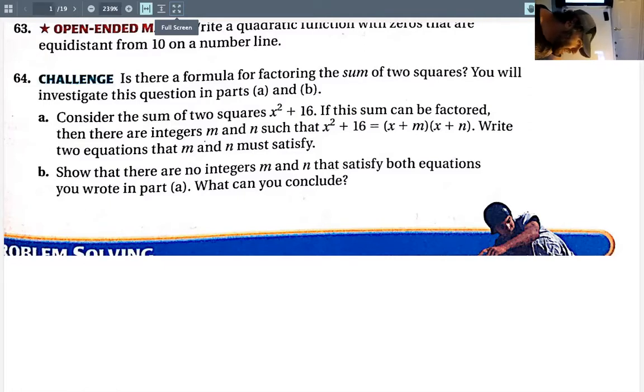But I think I'm pretty clear on what they want. It's as simple as, what do you do when you factor? That X factor thing? What are you trying to do when you X factor? Well, it would have to multiply to 16 and add to 0. Right. Which means they would have to be opposites, and you can't have two opposites multiply to a positive. Maybe I shouldn't talk about it yet.